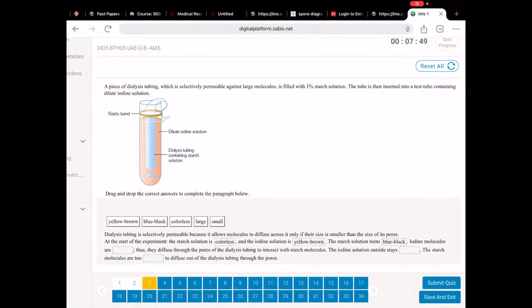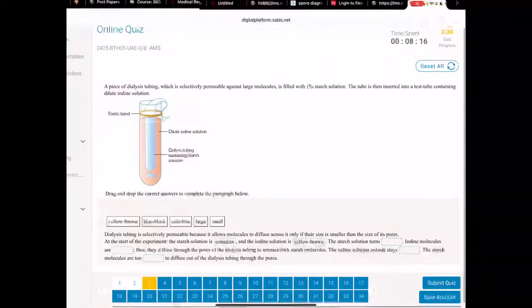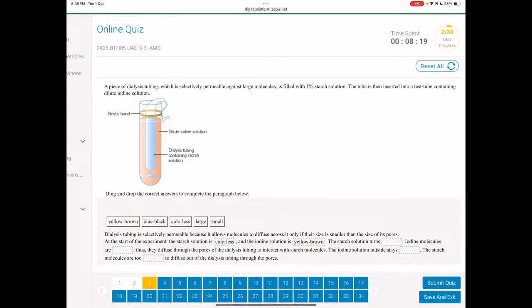And iodine molecules are, okay, and the iodine molecules are smaller. That's why they're able to pass through, while the iodine solution outside. Oh, yellow brown again? Wait, let's read it. The starch solution turns yellow brown. Iodine molecules are small, so thus they diffuse through the pores to interact with the starch molecules.